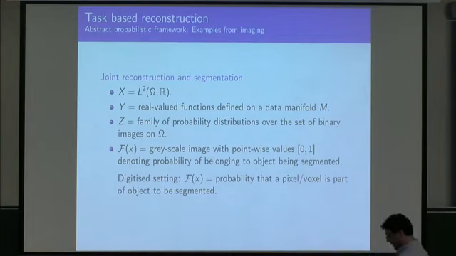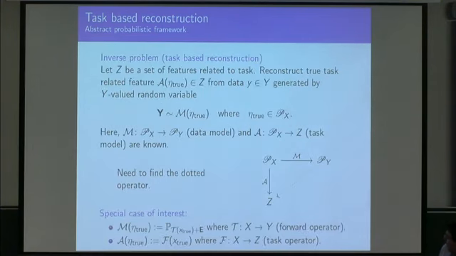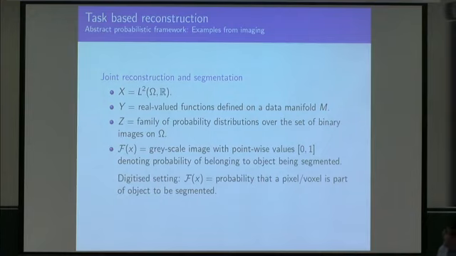So of course you can see that this F mapping, which I call the task operator, is essentially a grayscale image, where the grayscale value is the probability of this pixel or this point belonging to the object. Okay?